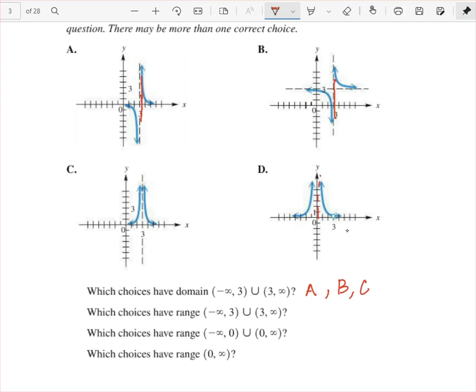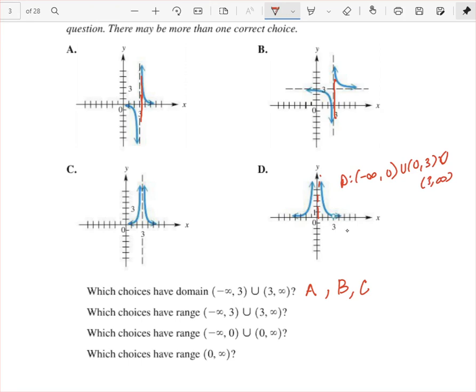So the domain is actually between negative infinity and 0, then 0 and 3, and then 3 and infinity. So the domain for that one is different, and that doesn't qualify here.